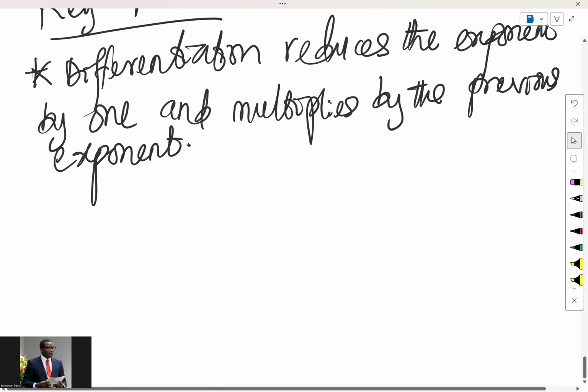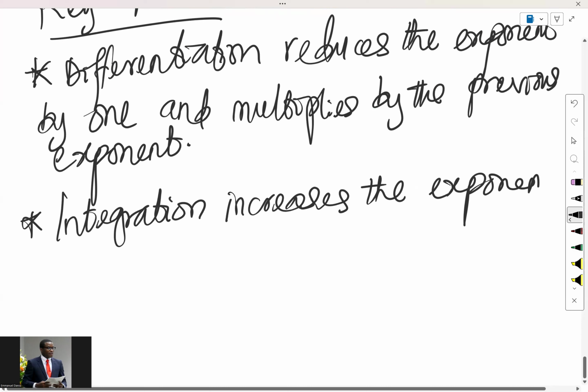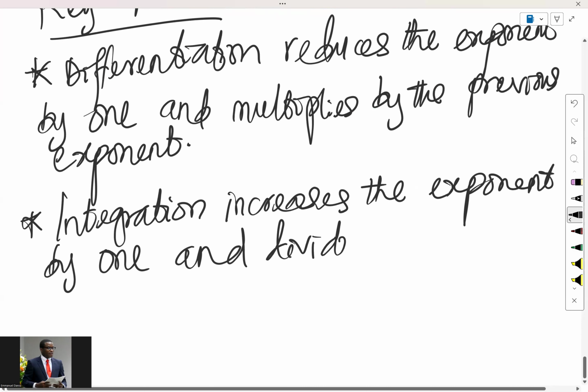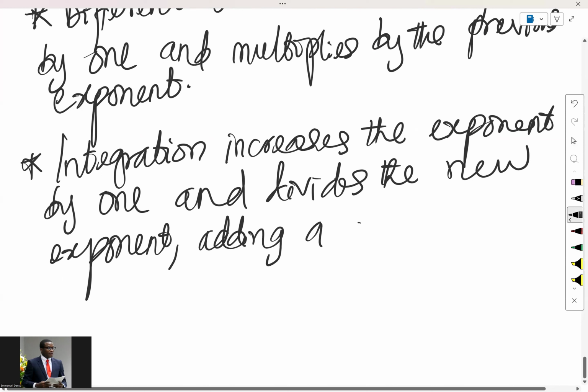The second point is that integration increases, like we know. So increase the power by 1 and divide by the new power. Integration increases the exponent by 1 and divides by the new exponent, adding a constant of integration.